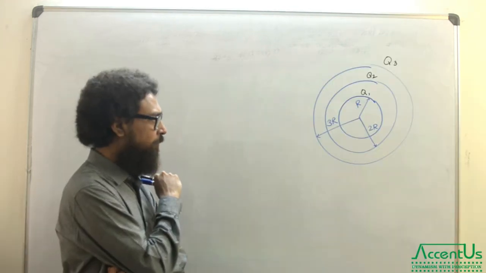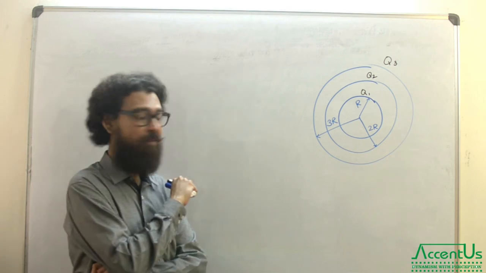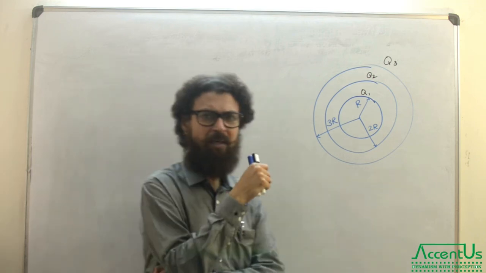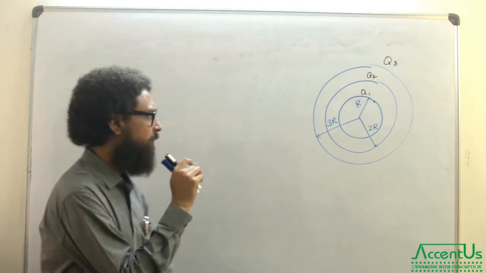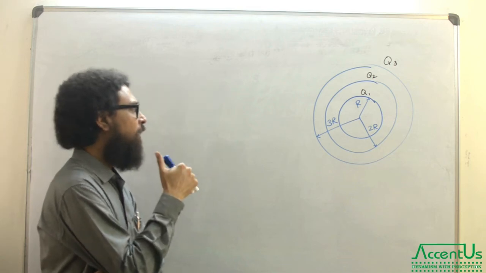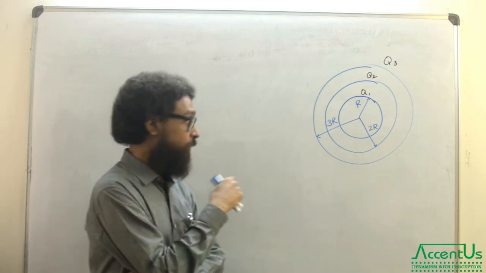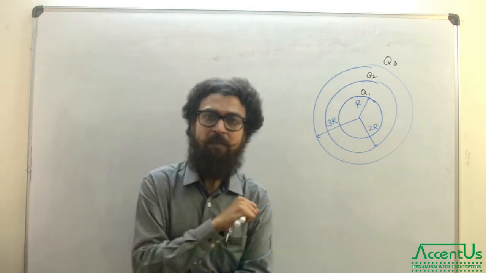We have a problem which came in JEE Advanced, IIT, long back, at least 10, 11 years back. I think it was in 2009 or 10, I don't remember the exact year, but this sum was very interesting to me at least. Please draw the diagram and write down the problem.